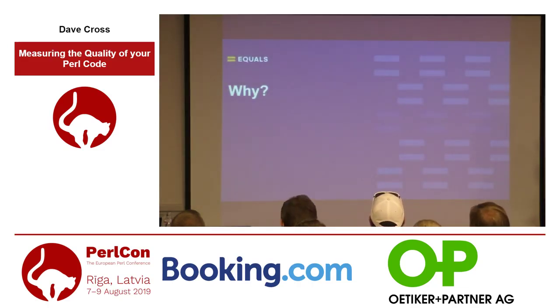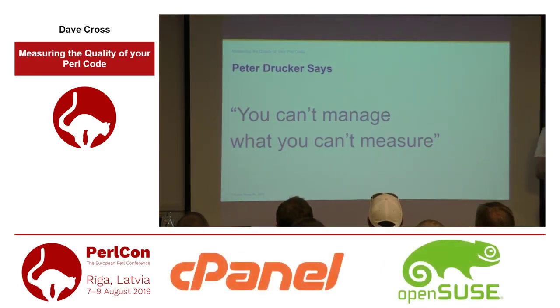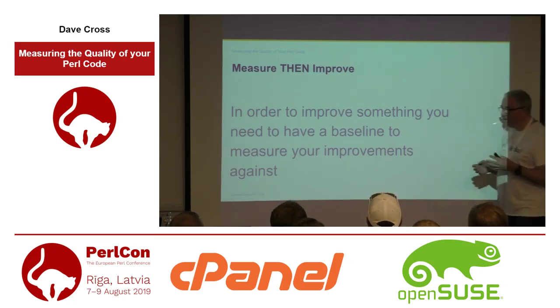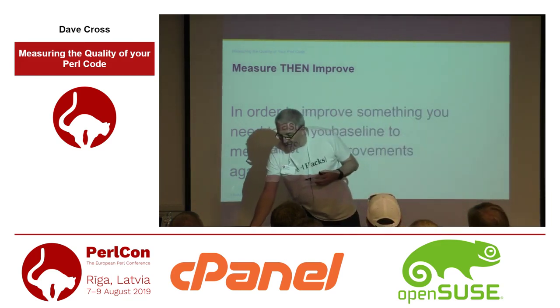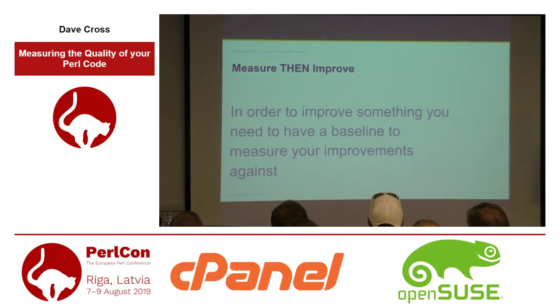Okay, so start with why. Peter Drucker is a management consultant, and one of the things he says is you can't manage anything that you can't measure. What he means is that in order to improve something, you need to have a baseline measurement that you can measure that improvement against.